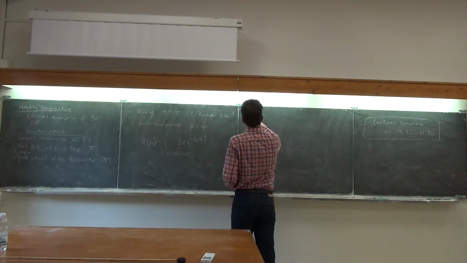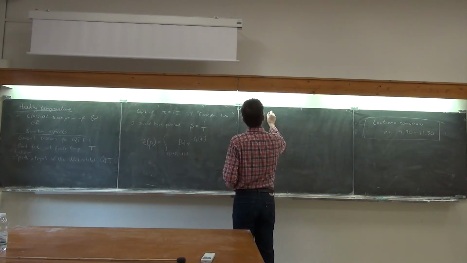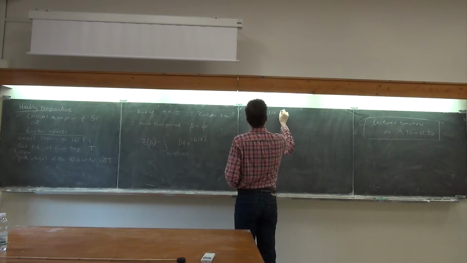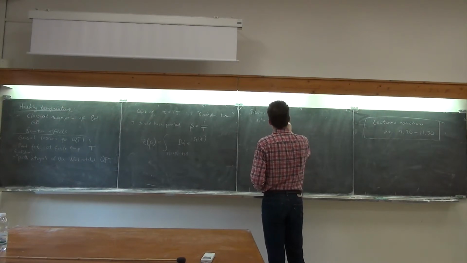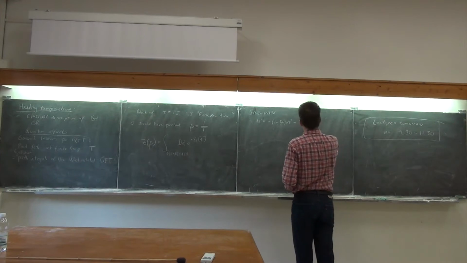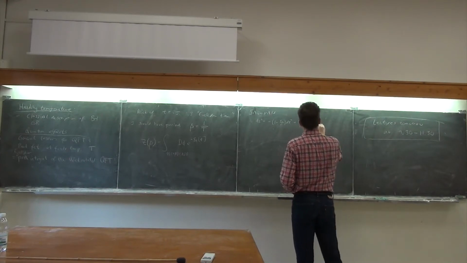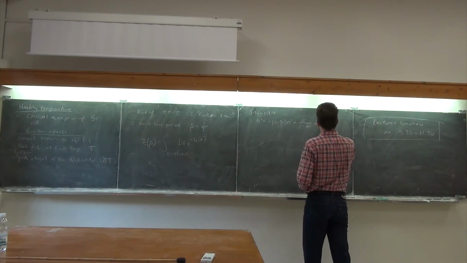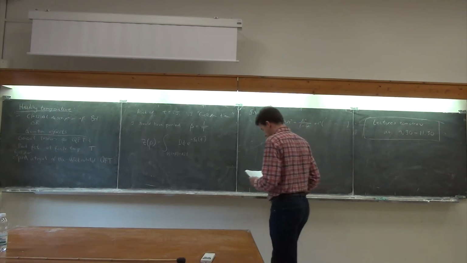So if we consider the Schwarzschild black hole, then once again I can write the metric. That's the angular part here.